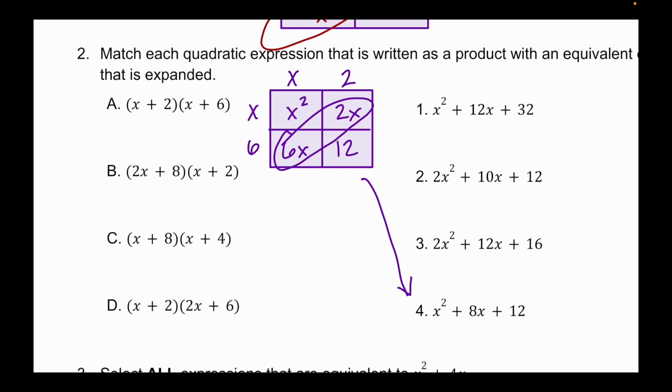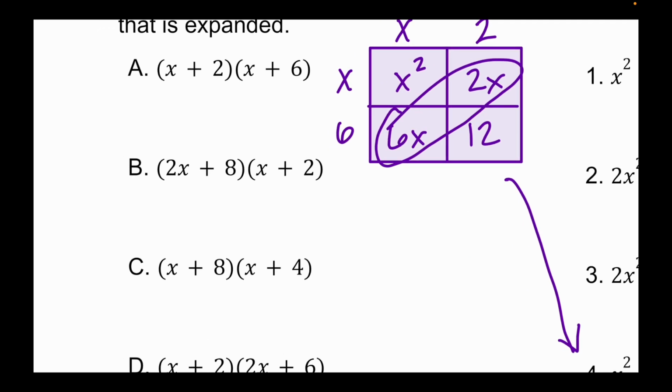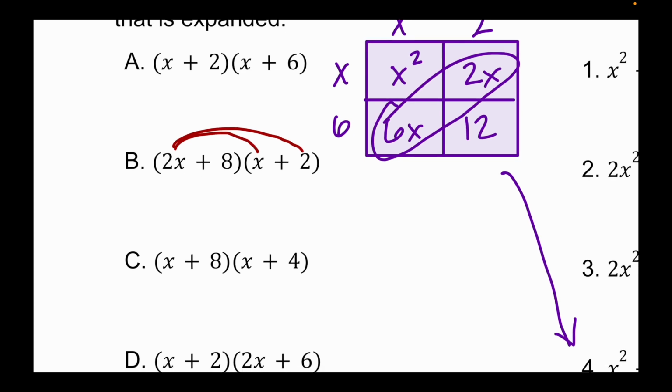Now, for B, C, and D, at least for B, I'm going to show you a different way of doing this, and that will be something we'll call double distribute. I'm going to take the 2x first and distribute it through both of the pieces of my other set of parentheses. So 2x times x will be 2x squared. Then 2x times positive 2 is going to be 4x.